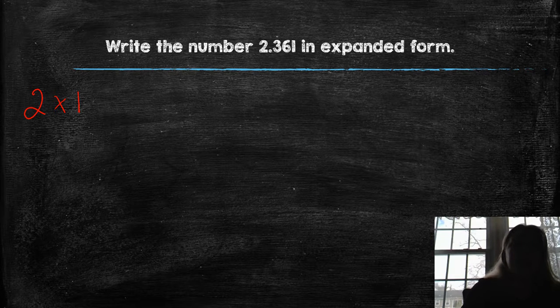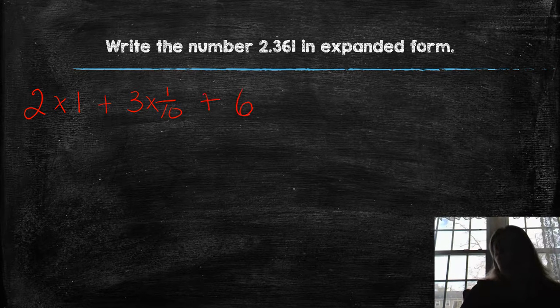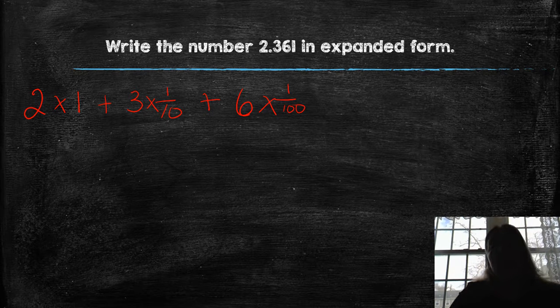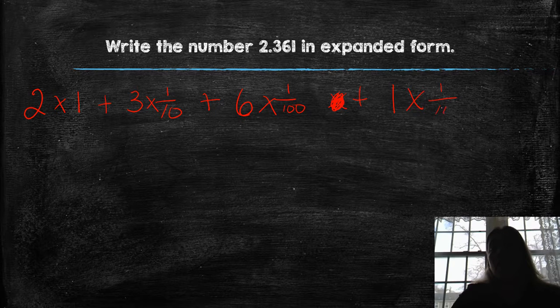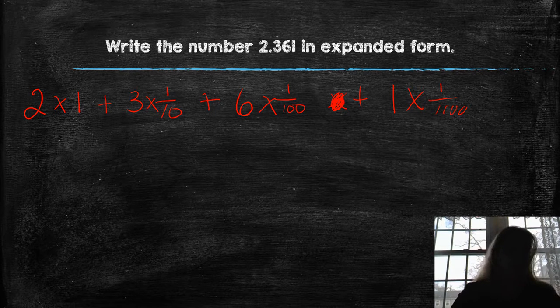Our 3 tenths would look like 3 times 1/10. Our 6 hundredths would be 6 times 1/100th. And our 1, sorry, that should be a plus. And our 1 would be 1 times 1/1000th, right?